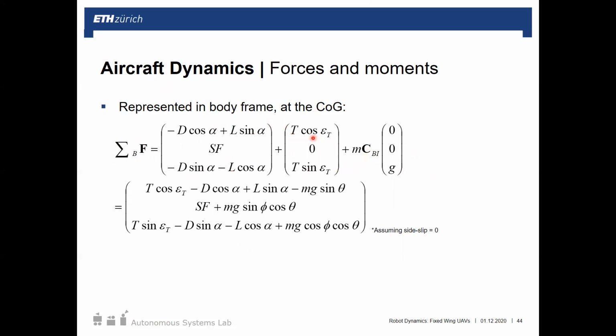Then we have thrust with our inclination, and then rotating the lift and drag through angle of attack, since we assume slip is 0. And then we have a side force here, if there were any side force not from side slip. Again, we're really assuming it's 0 in the lecture. Then in the end, we get these full equations.